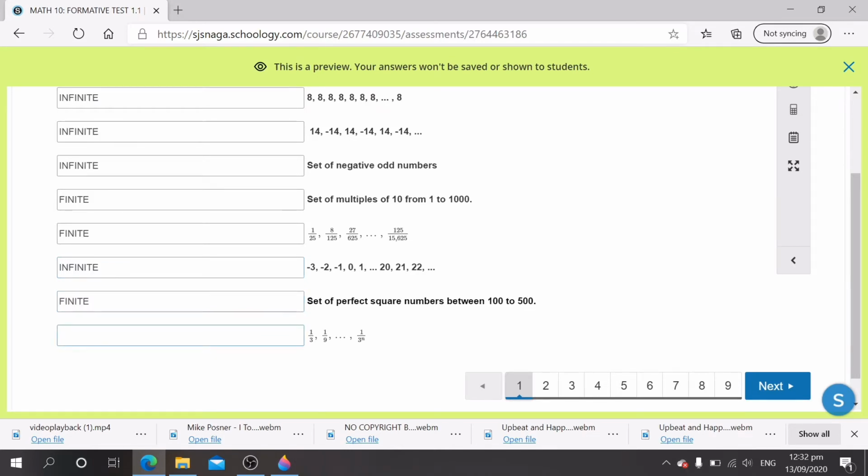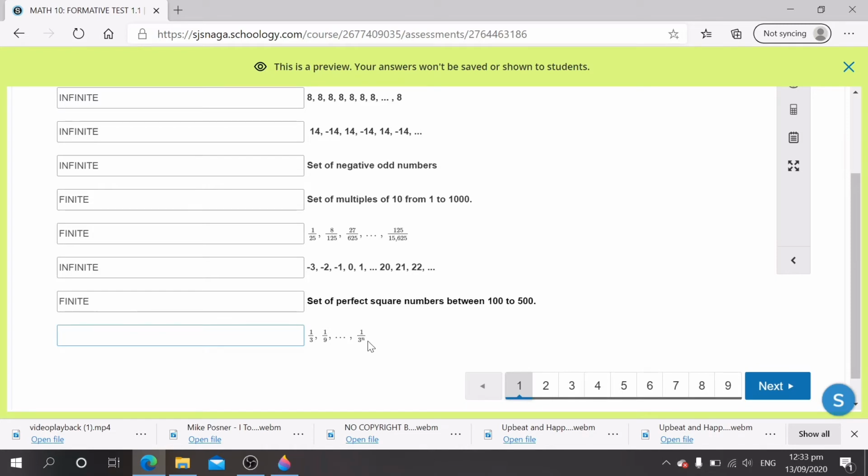Last, most of you answered here finite since it is in my last term, but take note, we are given the general term as the last term here. Now, the n here, note that this is positive integers. So it just increases. For example, this is nasa 1 over 3 raised to 1,000 ka na.